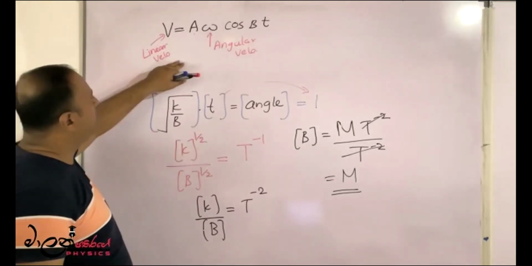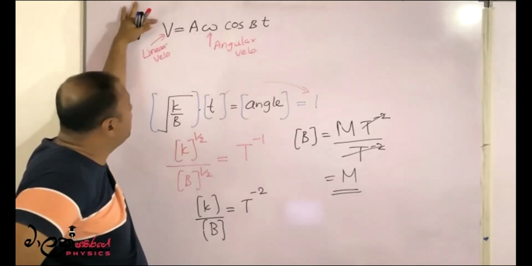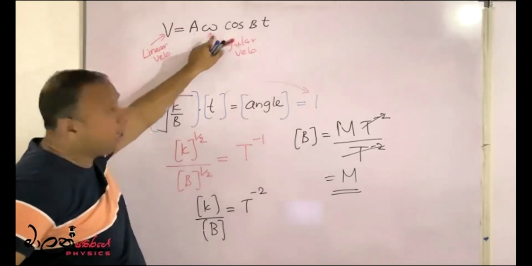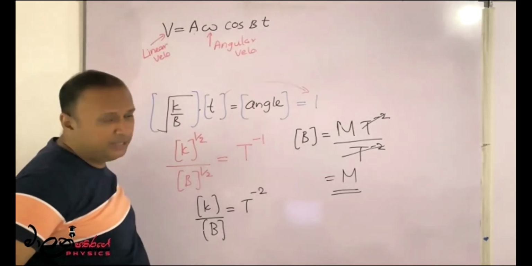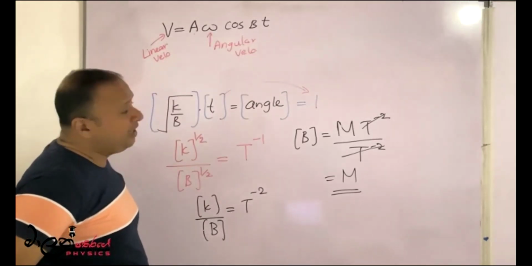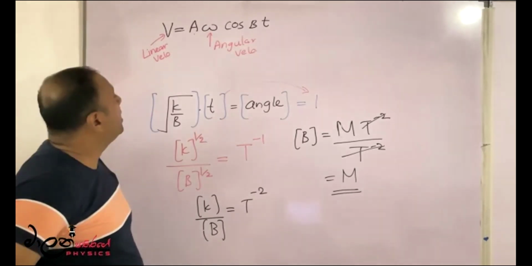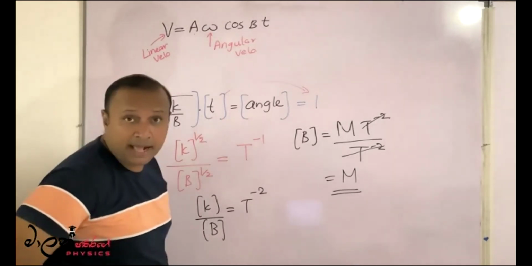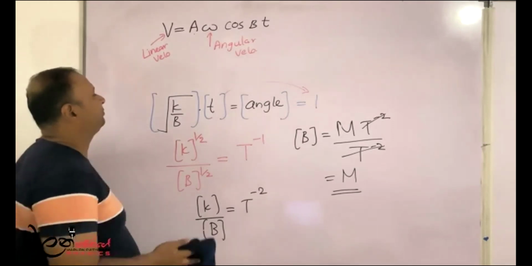Now it is given V is equal to A omega cos BT. In here, V is the linear velocity and omega is the angular velocity.